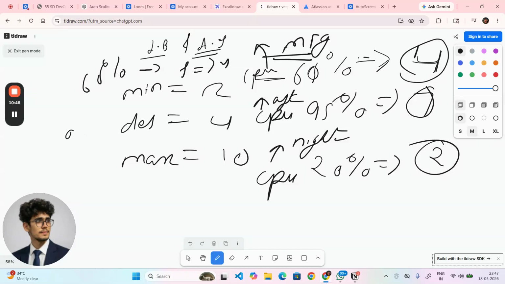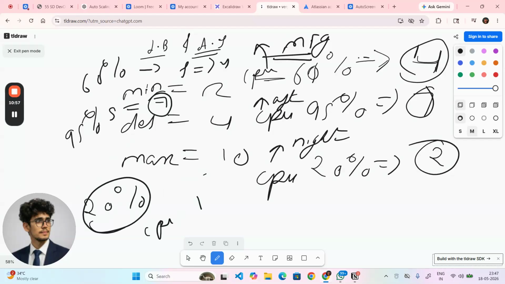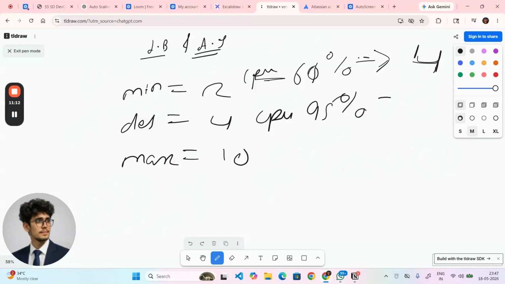Suddenly it increased by 35 percent, so my servers also increased by 3, which means 7. Then my servers became 2 because the CPU usage reduced. So my maximum value went from 7 to 2. These are the terms you need to understand, guys. Very, very easy.